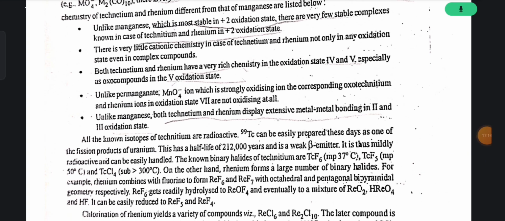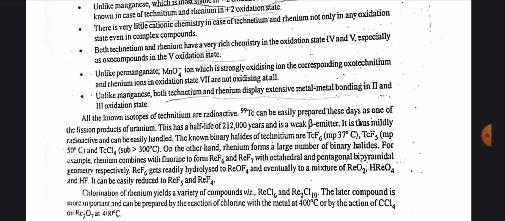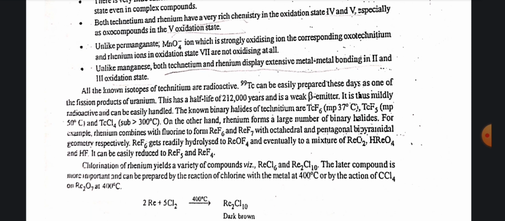Unlike manganese, which is most stable in the +2 oxidation state, there are very few stable complexes known in the case of technetium and rhenium in the +2 oxidation state. There is very little cationic chemistry in the case of technetium and rhenium, not only in any oxidation state, even in complex compounds. But technetium and rhenium have a very rich chemistry in the oxidation states 4 and 5, especially as oxo compounds in the 5th oxidation state.